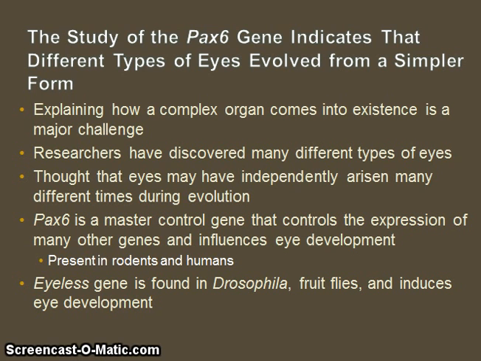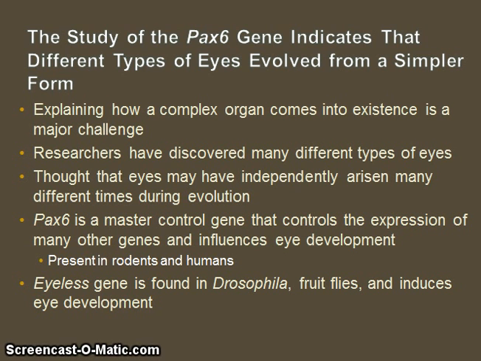And this has led them to propose that eyes may have actually independently arisen many times during their evolution. And so, at the time, this hypothesis seemed pretty legitimate. However, it was soon to be challenged, which we will go over in the following slides.